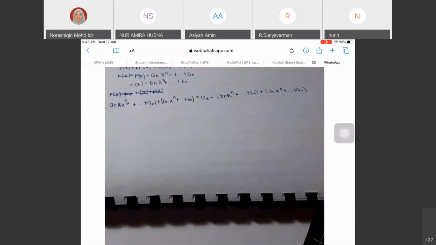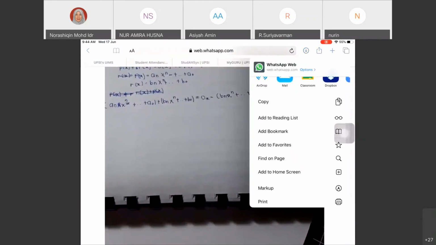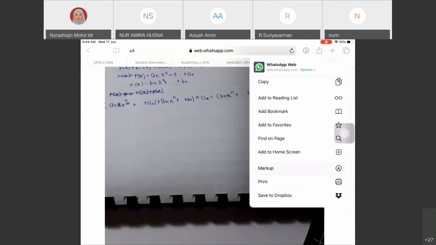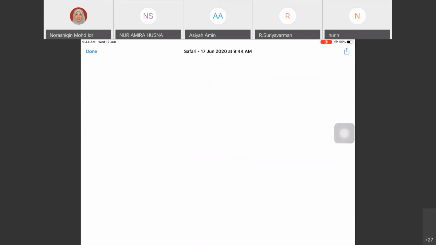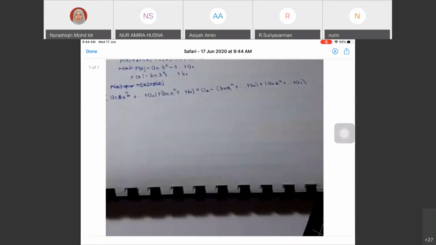Okay, let's see what Aisha has here. An x to the n plus and so on, and that is equal to 0. It should give us, what is this? Okay, we don't want commutative, right?